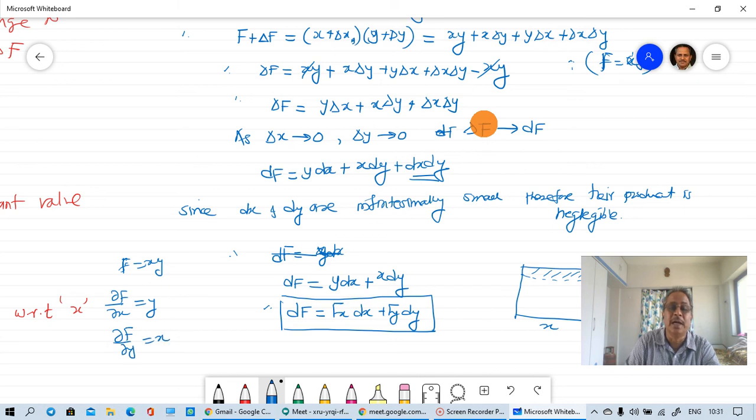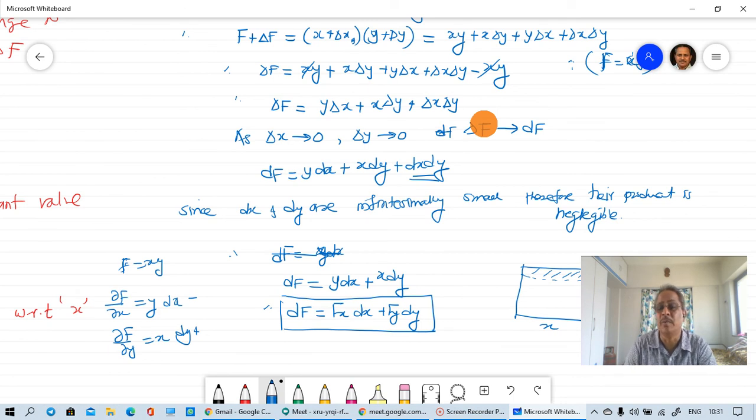Multiply by dx, multiply by dy, add them together, and what we get is the change in the area. So geometrically, when a rectangle is given and its sides are changing, x by delta x and y by delta y, the change in the area of that rectangle can be calculated by this total differential equation.